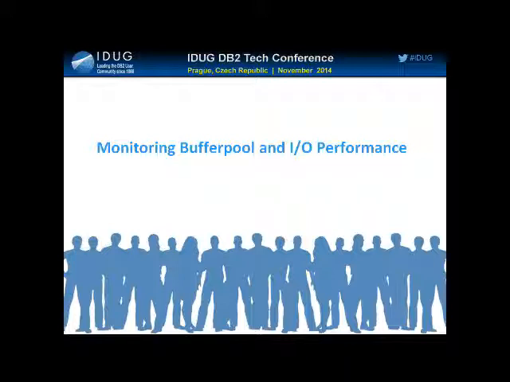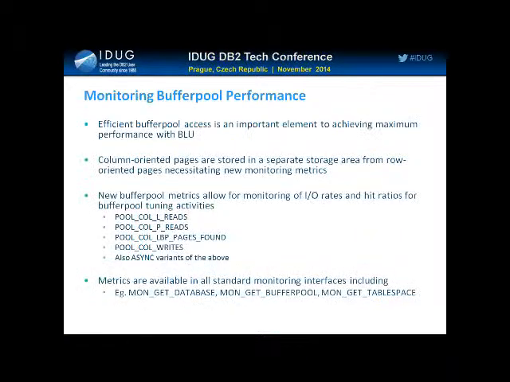Okay, let's talk a bit about buffer pool and I/O performance. A big part of the in-memory efficiency for BLU comes from having a lot of compressed data in the buffer pool, ready for access without needing to hit disk. I would say it's an important element in achieving maximum performance with BLU, but not the #1 element.